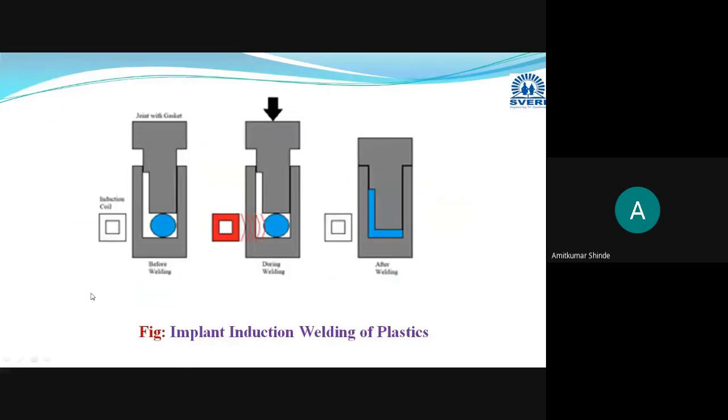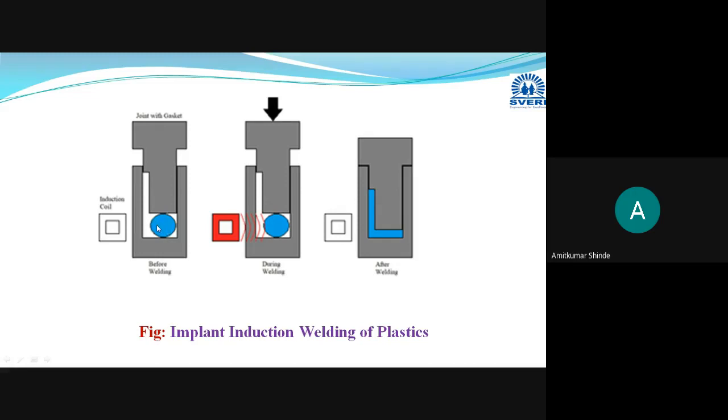Now this is the inductor coil, and through this inductor coil, due to the electromagnetic field generation, eddy currents are generated. Here you can see these eddy currents are generated, and this is your electromagnetic adhesive material.